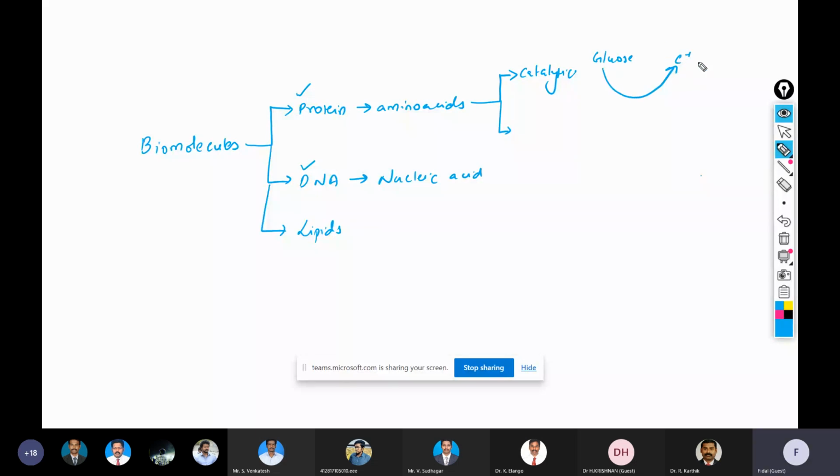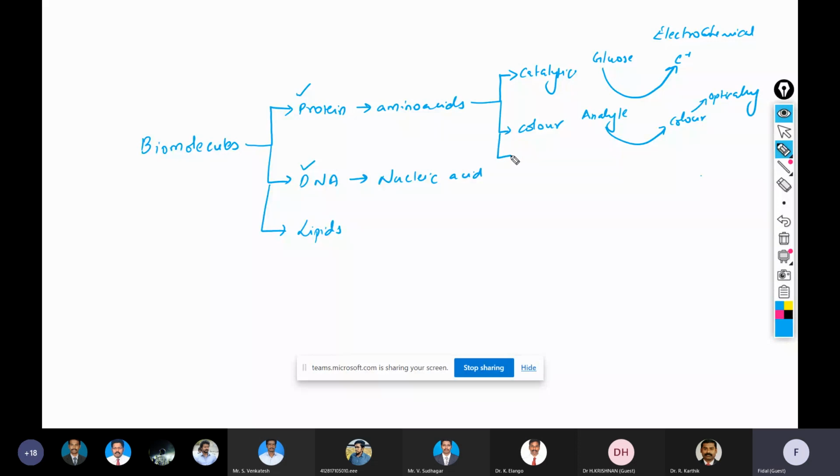Now these electrons can be measured electrochemically by the transducer. Okay, the second way of doing it is based on color. So it reacts with the analyte and produces a certain kind of color, and this color can be measured optically.